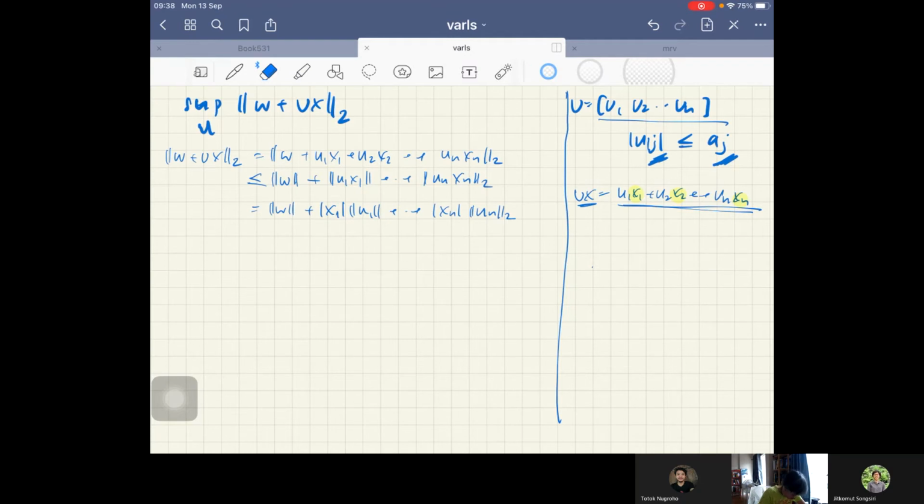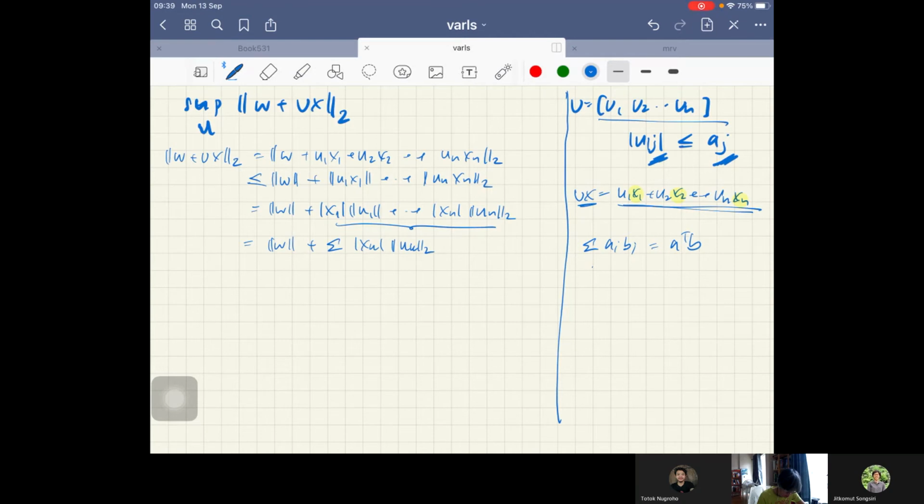Of course, you would see this as the two norm of w plus what? It looks like the sum of the magnitude of xk times the norm of uk. This is just trying to write it as a summation. But then again, when you have a summation of two guys like a_i and b_i, you can think of this as the inner product between a and b.